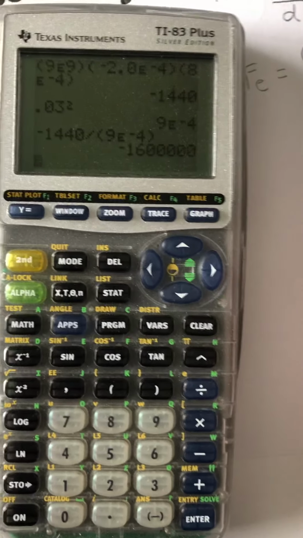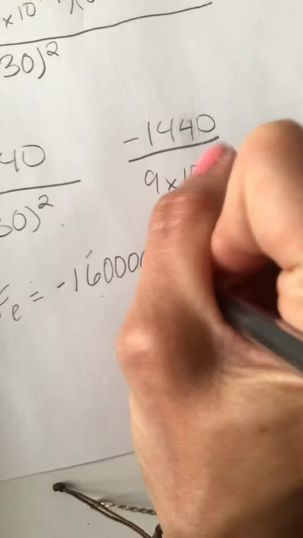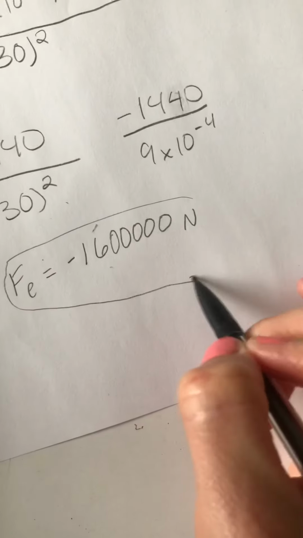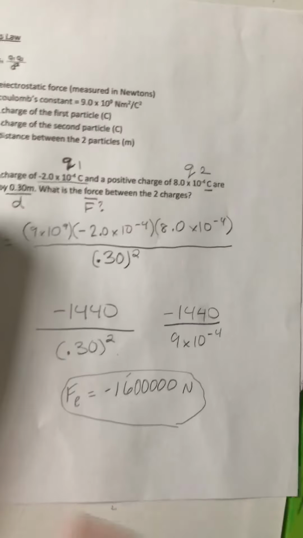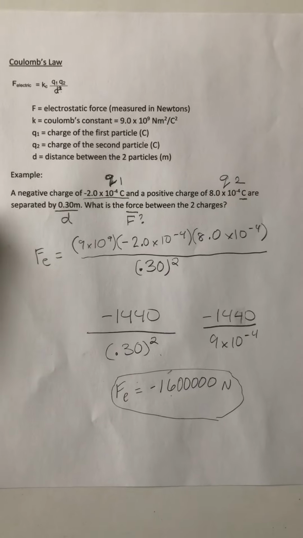The force is negative 16,000 newtons. Okay, so that is how you would complete a Coulomb's law practice problem.